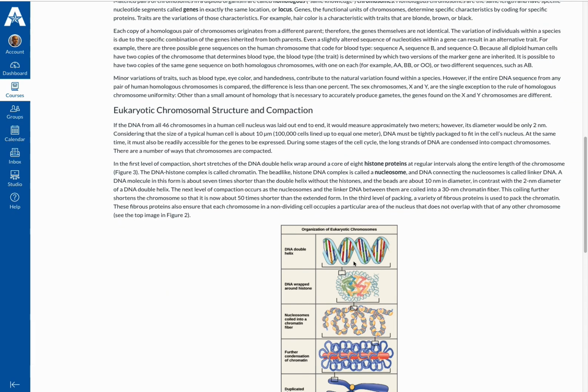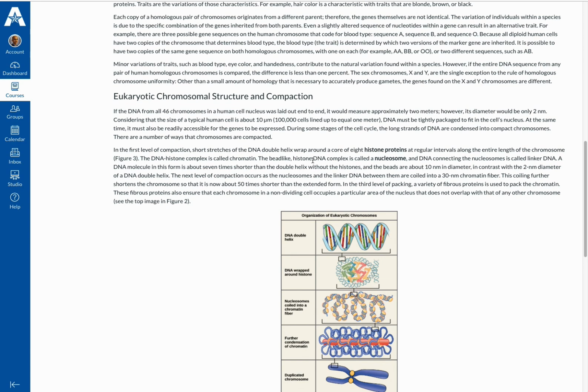The structure of these chromosomes, we have the DNA wrapping around histone proteins, and the histone complex is called a nucleosome.